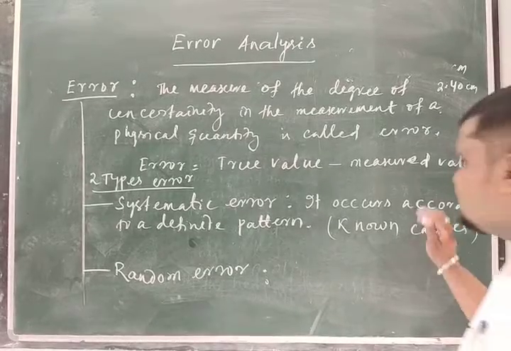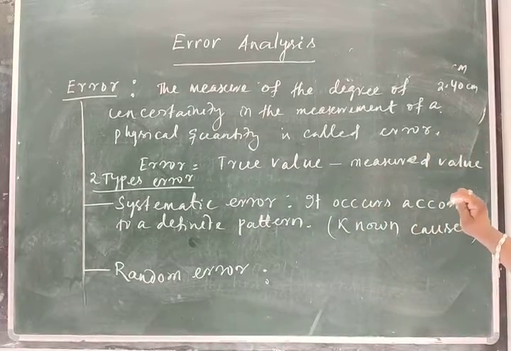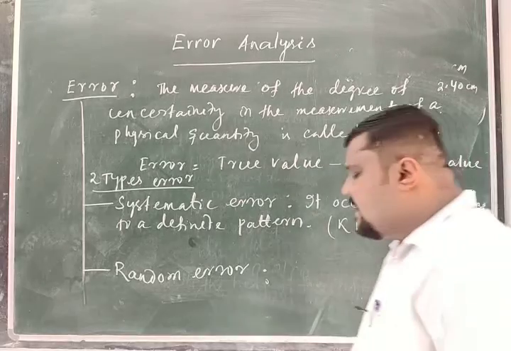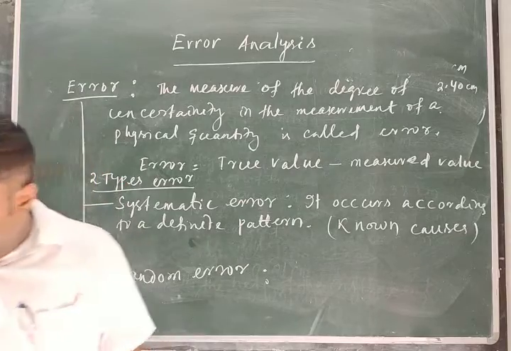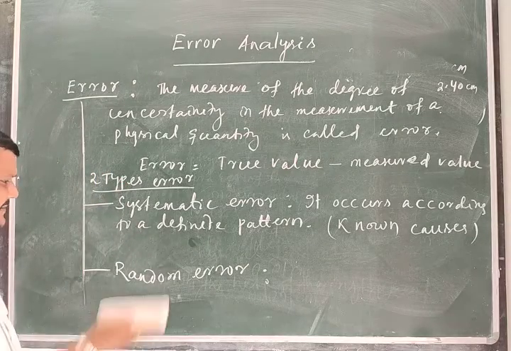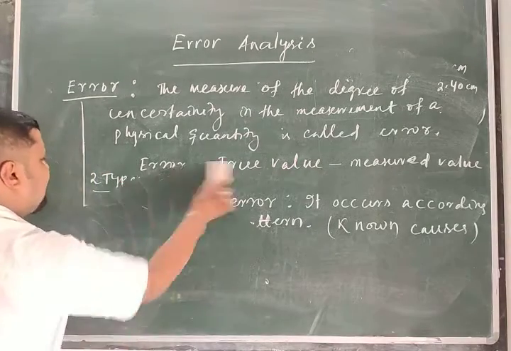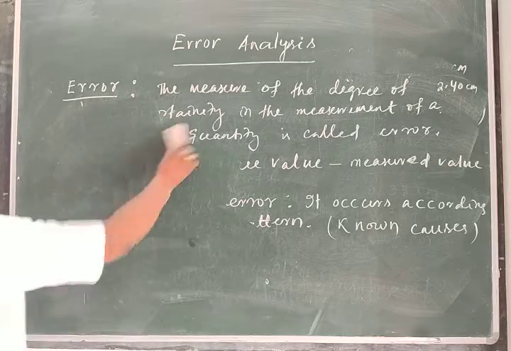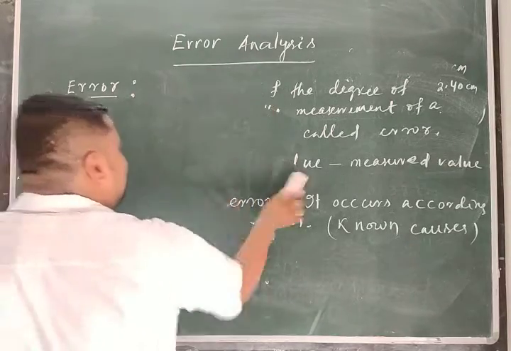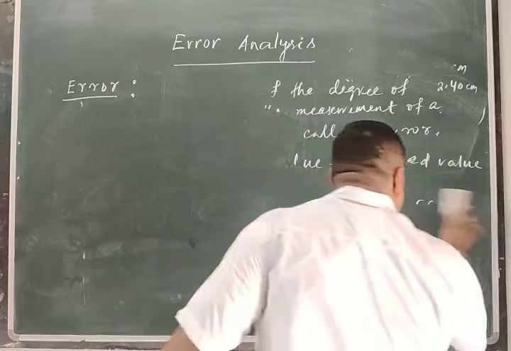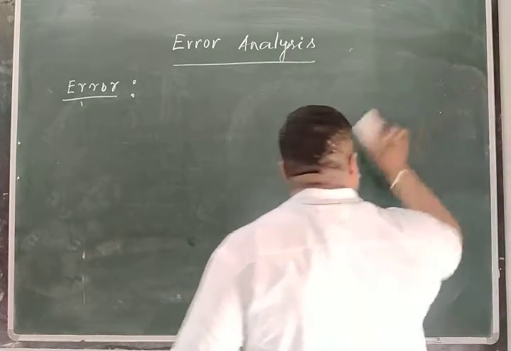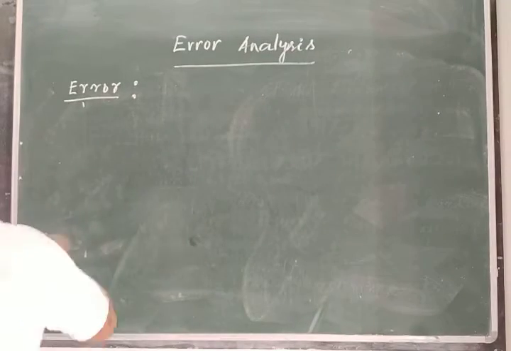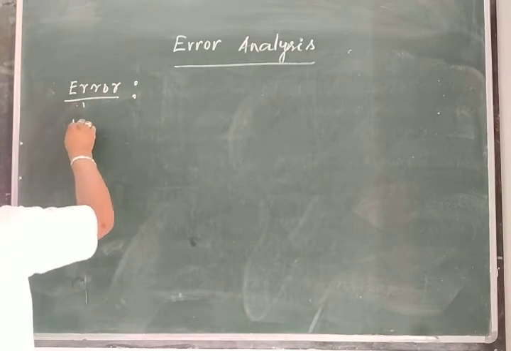So the systematic error occurs according to a definite pattern or because of known causes. And if these are known causes, what may be the causes? Let me write here the systematic error. Again I am discussing one by one. These are by known causes.